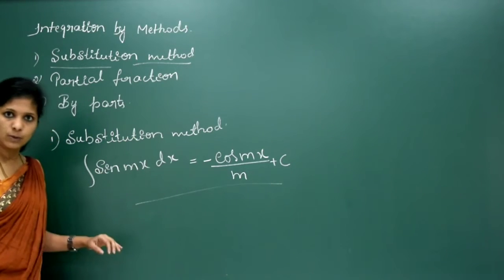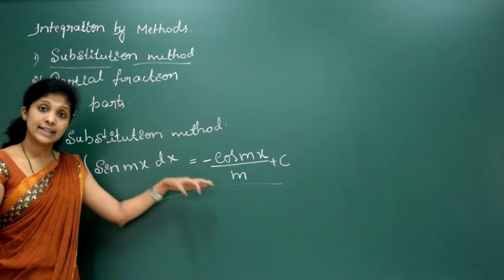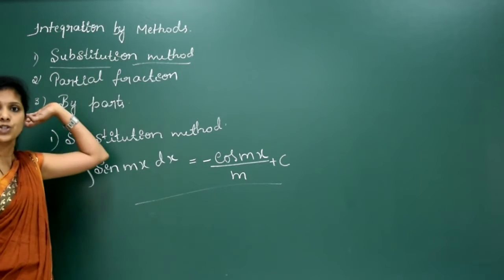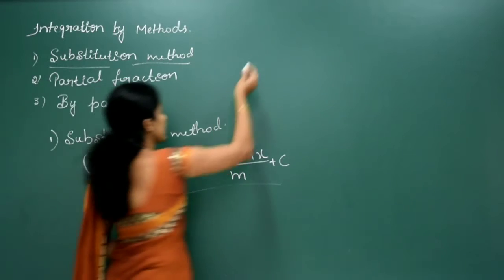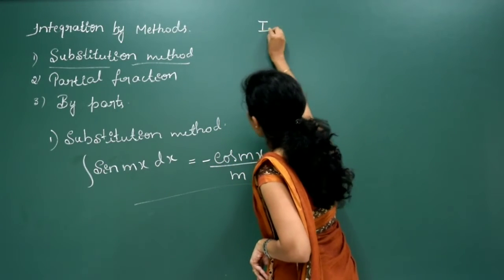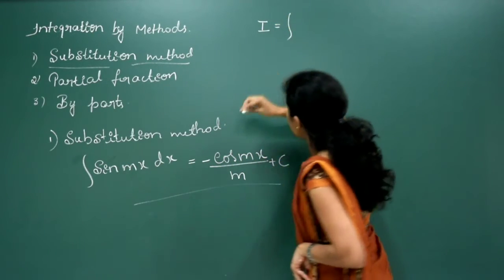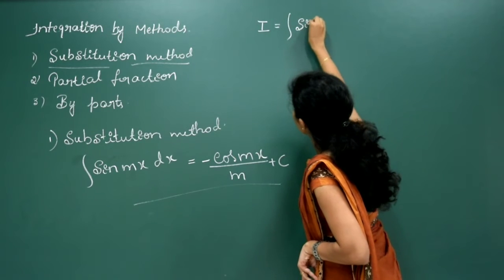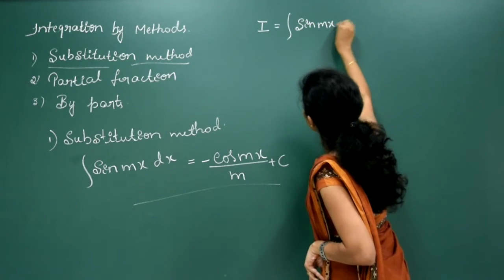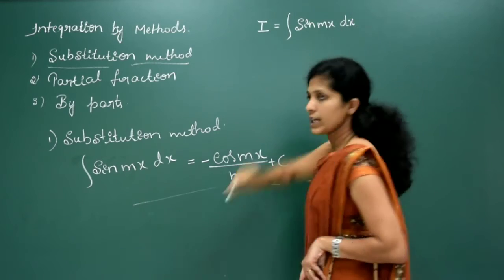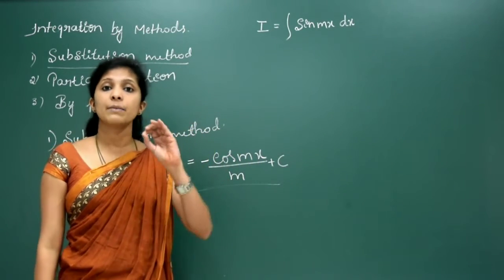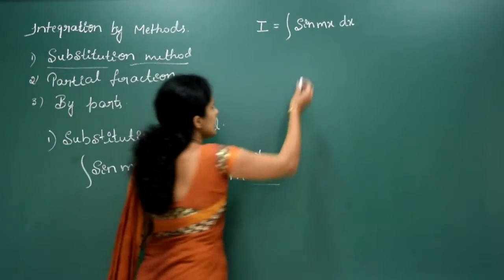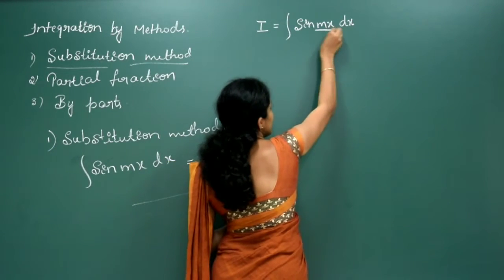But for a few problems the direct method is not possible. At that time we need to use the substitution method. For the same problem we will use the substitution method. Let me consider I is equal to the integral of sin mx dx. The name only says substitution method, so you have to give a substitution for the independent variable.